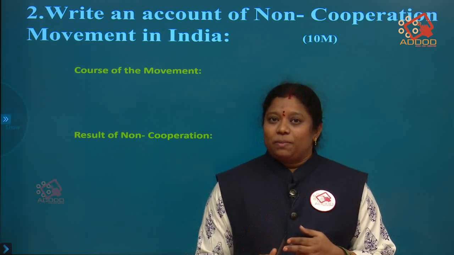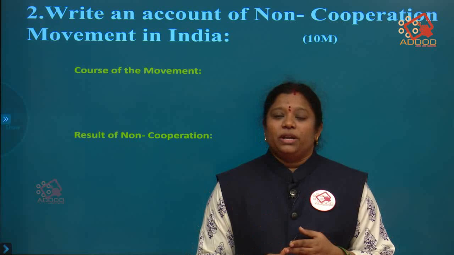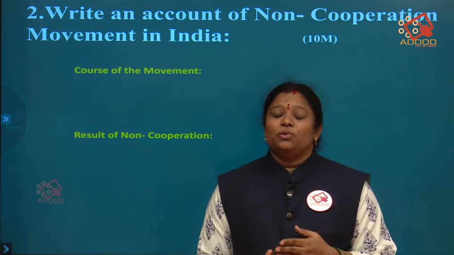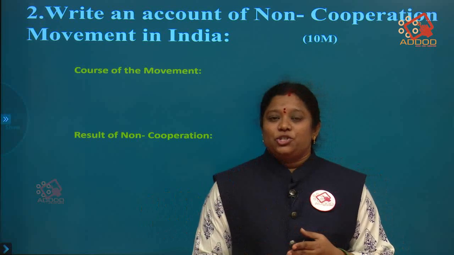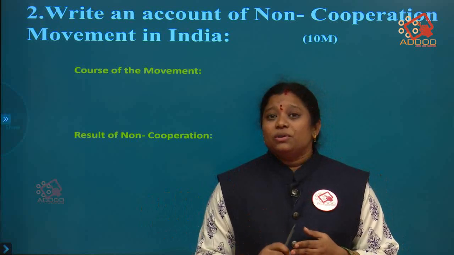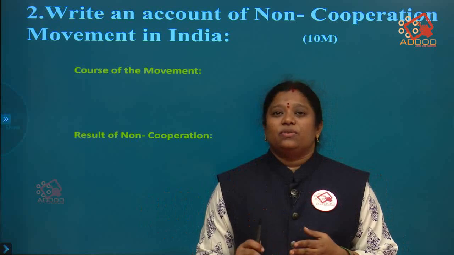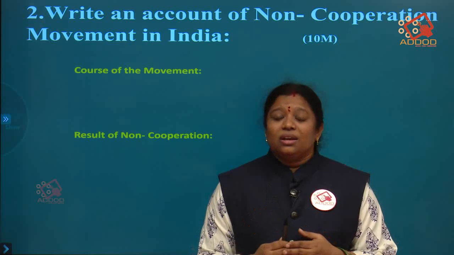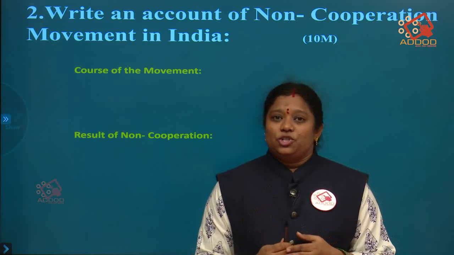And Hindu-Muslim unity. Gandhiji wanted to promote Hindu-Muslim unity as part of the non-cooperation movement. And one more important thing was they wanted to raise funds for the Tilak Swaraj Fund. So these are the constructive programs which were undertaken as part of the non-cooperation movement.